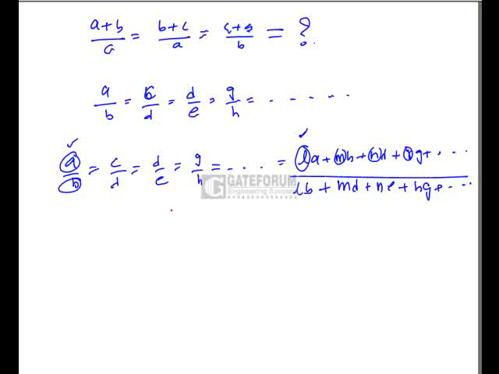Now similarly, I'll use this concept for the given ratios, proportions.